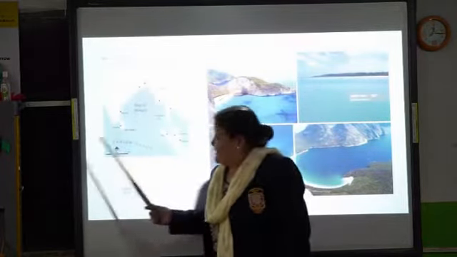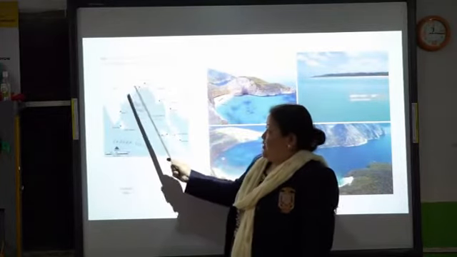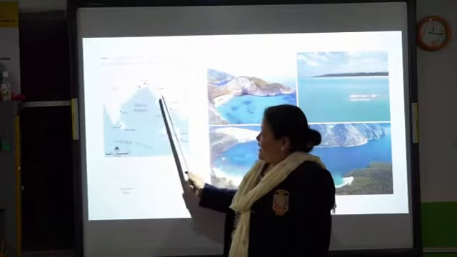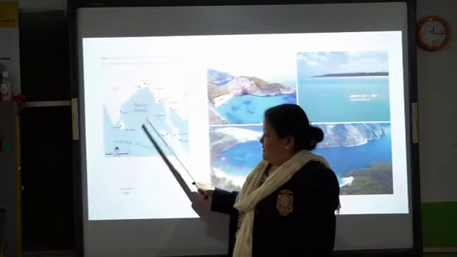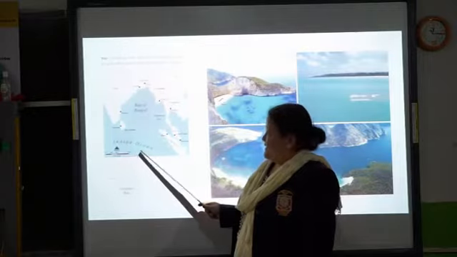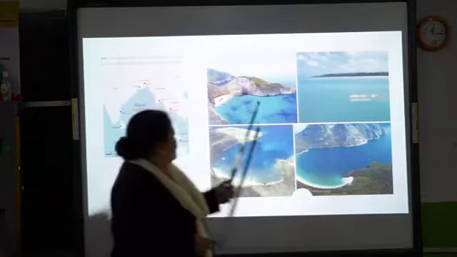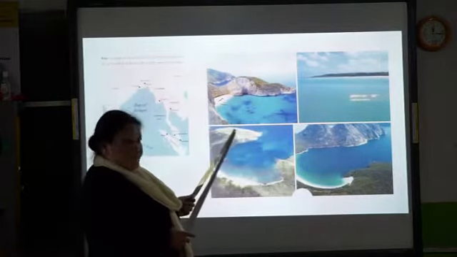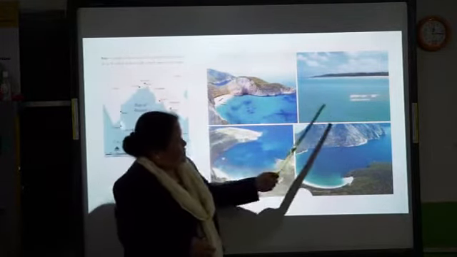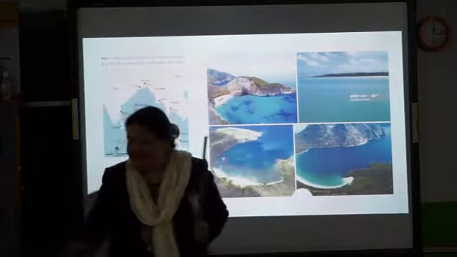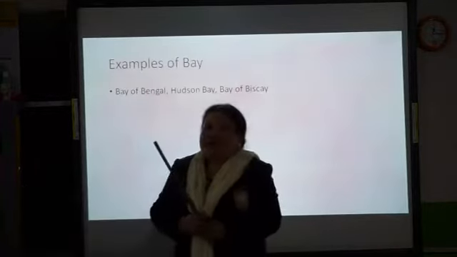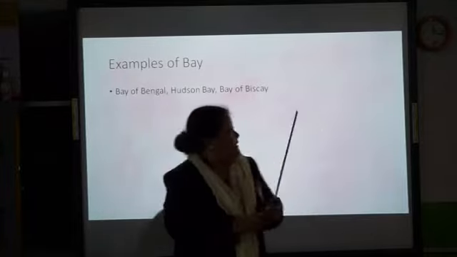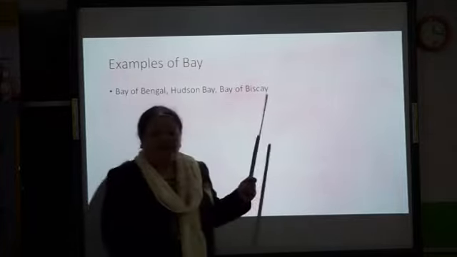So here you can see the Bay of Bengal which is in the southeastern part of India. So it is enclosed by land, but the rest of the water goes and meets the Indian Ocean. So this is how a bay looks like. Part of it is enclosed by land and the rest goes and meets the sea. Some examples of bay are the Bay of Bengal, the Hudson Bay and the Bay of Biscay.